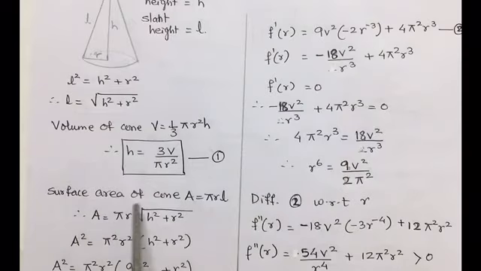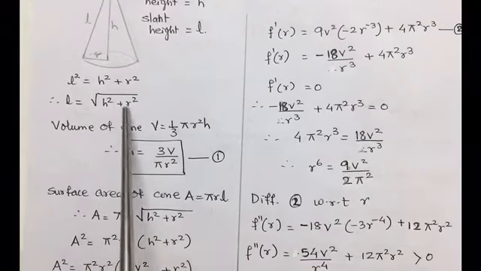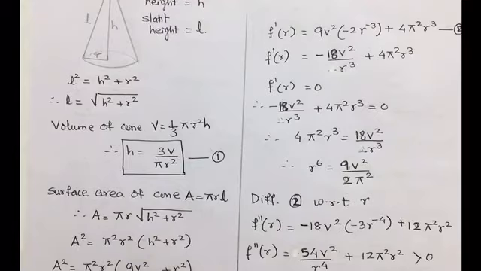Now surface area of cone, if we mark it as A, is calculated as pi r L. So A is equal to pi r, substituting the value of L as under root h square plus r square. To remove this root, we can square both the sides.